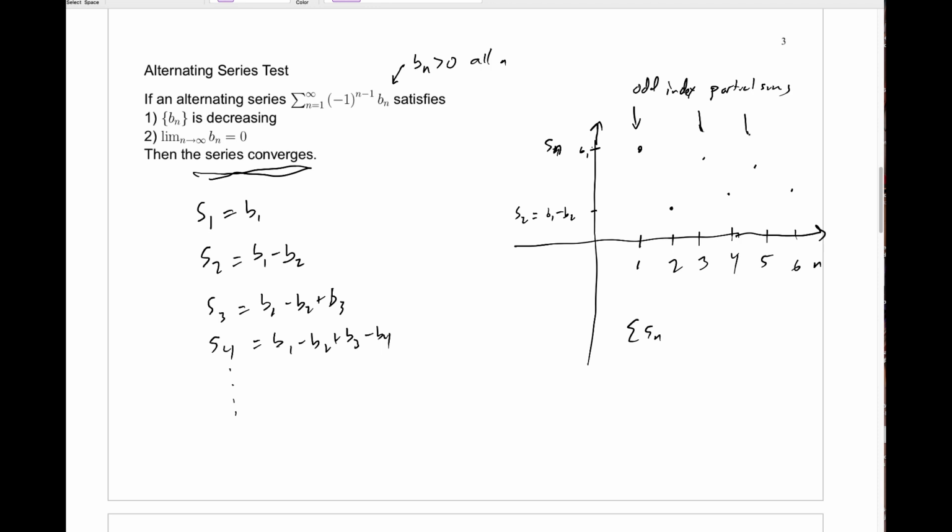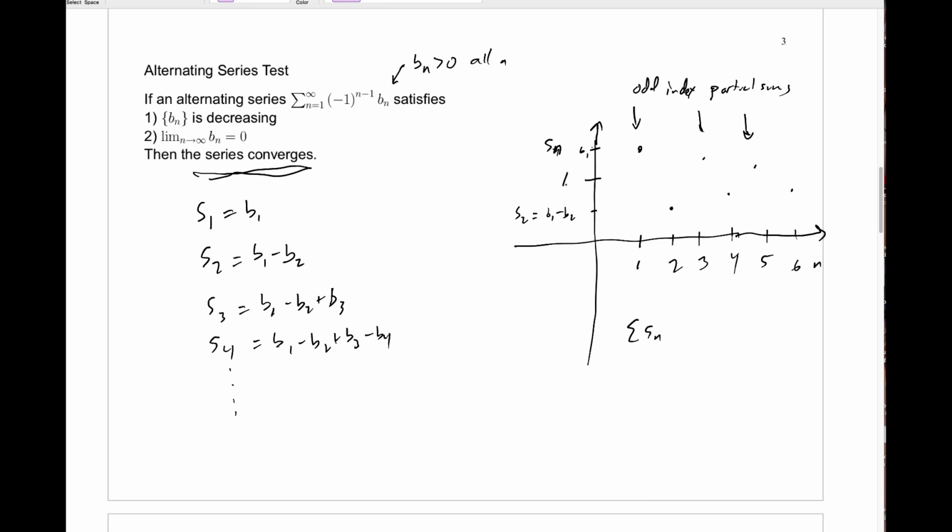The ones up here, and the others, I won't write this in, are the even index partial sums. You notice these odd index partial sums are getting smaller and smaller as you get bigger odd numbers for the index. The even index partial sums are getting bigger and bigger, and these will have to stay below these.